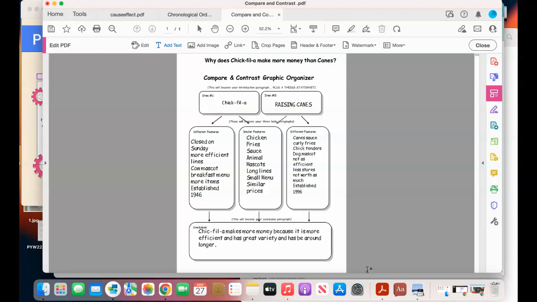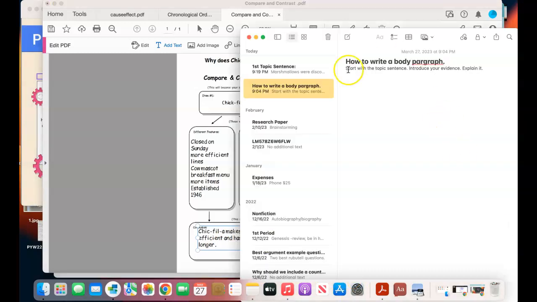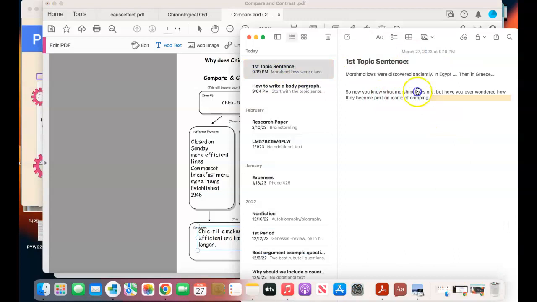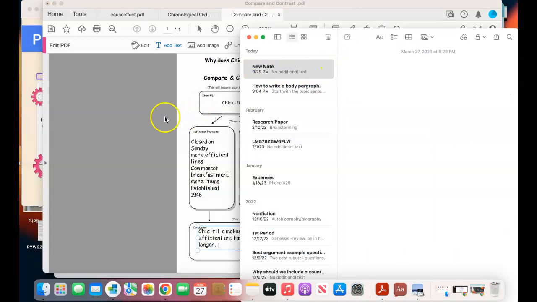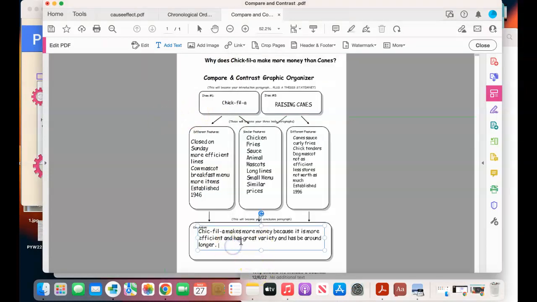So if I'm doing a compare and contrast graphic organizer, I'm going to want my topic sentences in my body paragraphs to help my reader understand why I came to the conclusion I made, right?